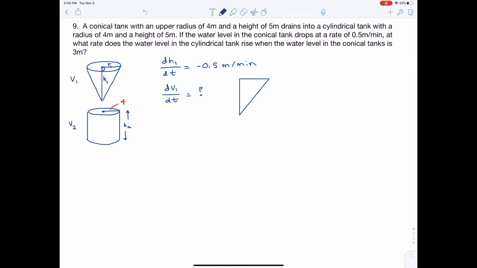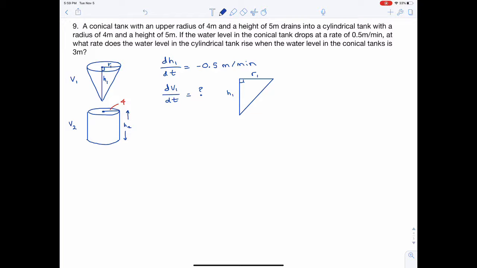That right triangle has the radius. Let's try that again. So there's my right triangle, we have this radius, and we have this height.